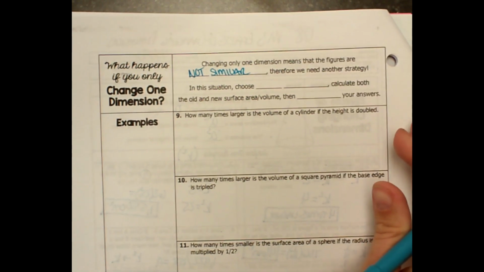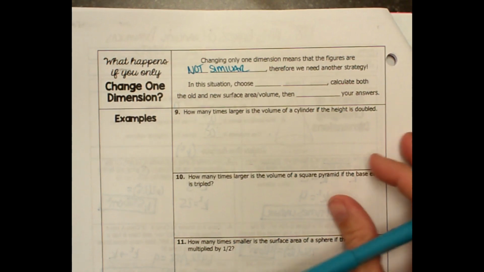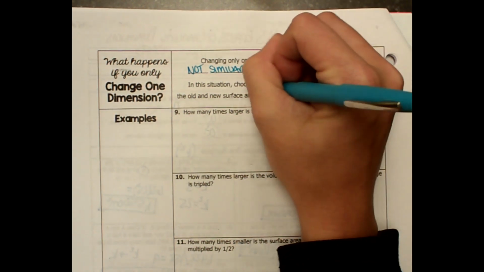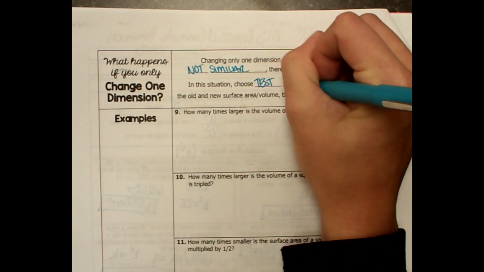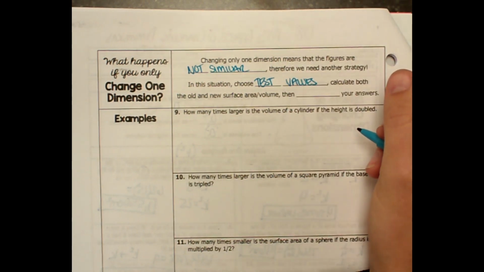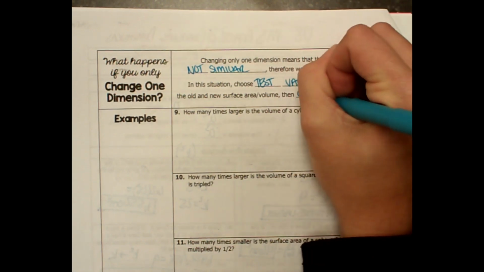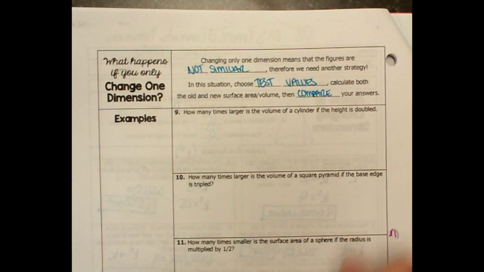Therefore, we need another strategy, because remember, if you're changing just one side, you're not changing the whole thing. In this situation, choose test values. Calculate both the old and the new surface area or volume, then compare your answers. All right, so let's look.